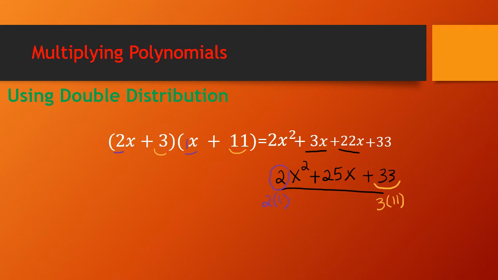Now, for the middle number. If we look at the middle number, we'll see that it's the sum of the inner product, 3 times 1, and the outer product, which is 2 times 11.